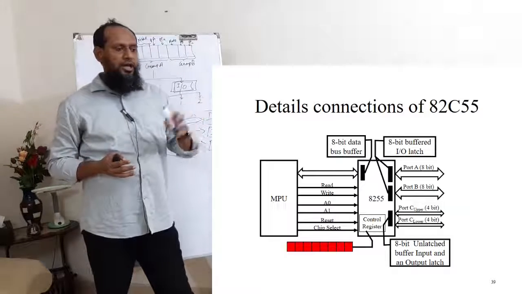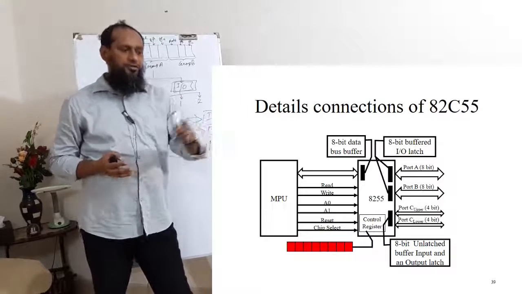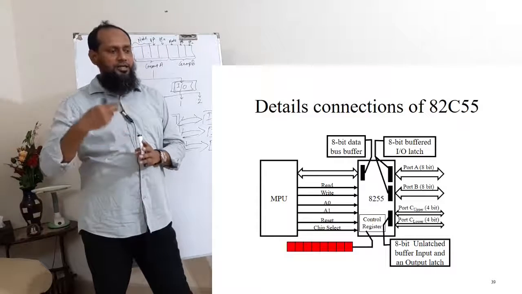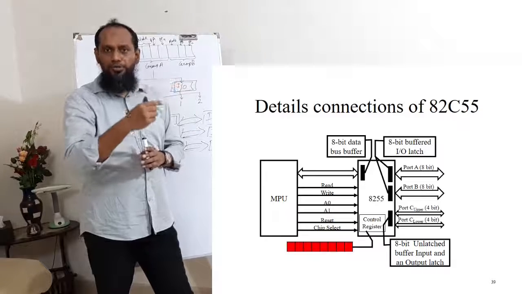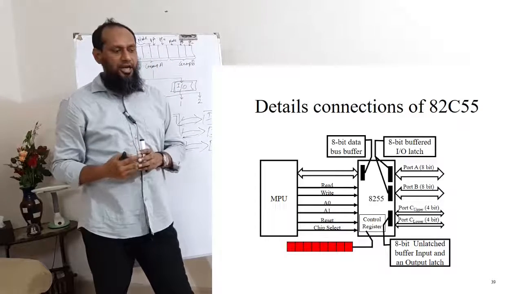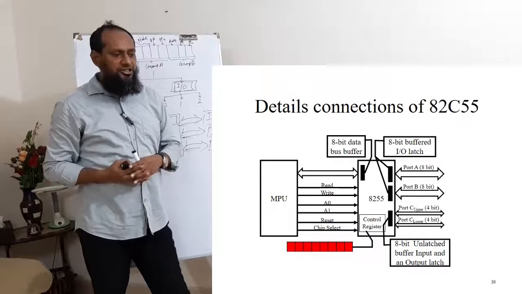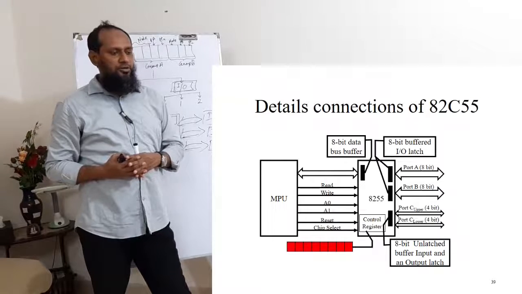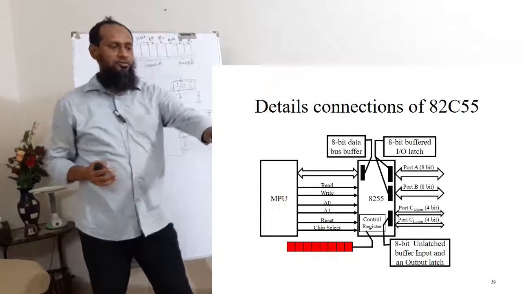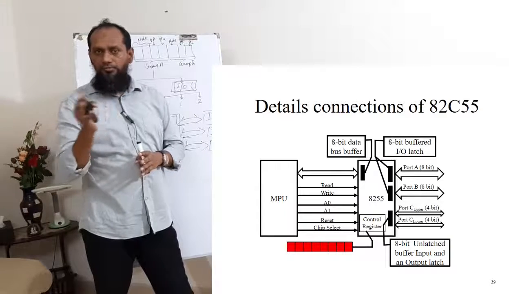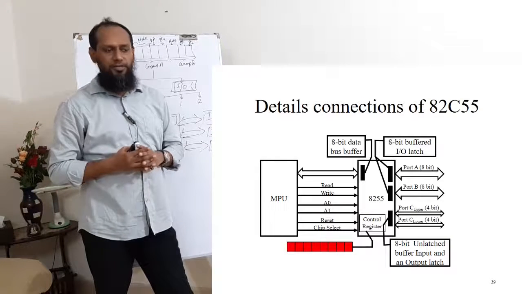We used an 8-bit data bus buffer in the 82C55 and also two 8-bit buffered IO latches in port A and port B, as we discussed in our last session, and 8-bit unlatched buffered input and output latch on port C for normal IO operation, mode 0 operation.